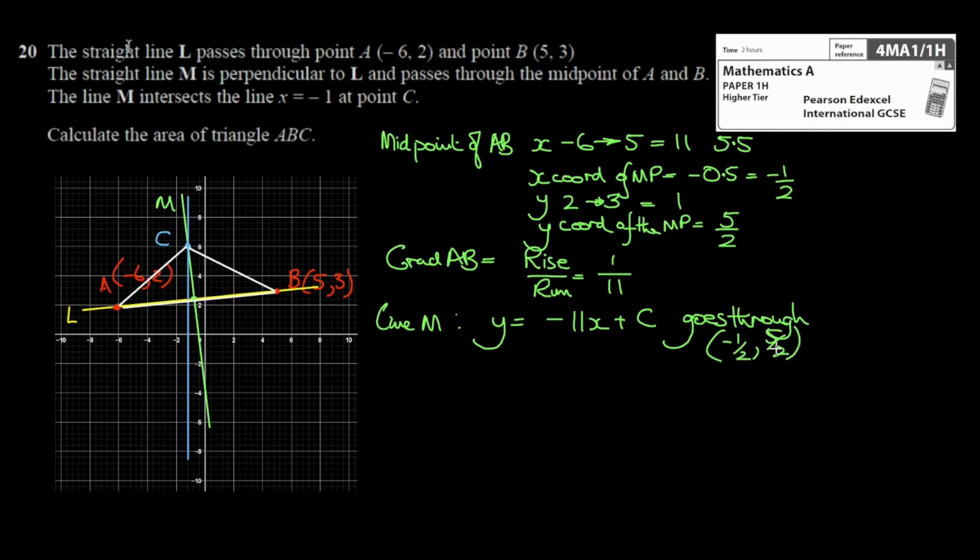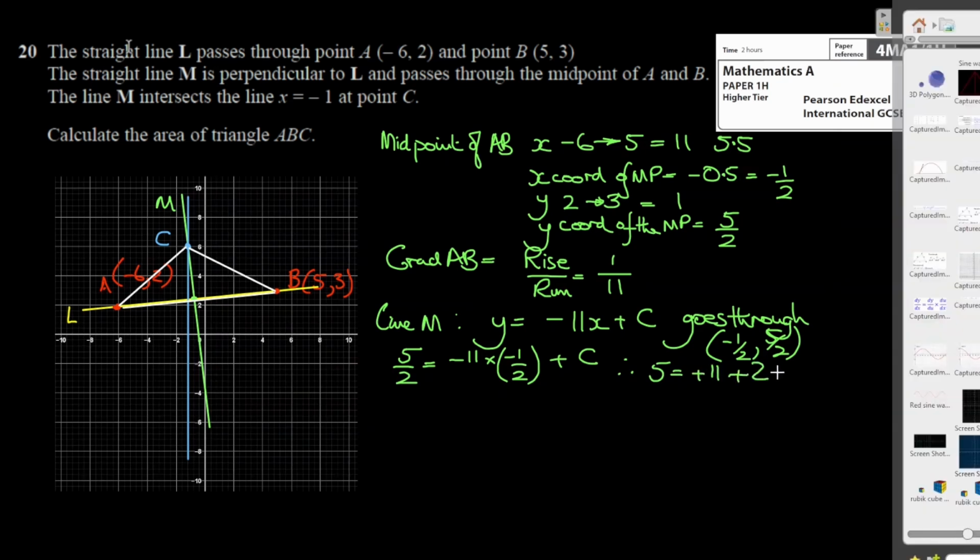But line M goes through the coordinate with x-coordinate -1/2 and y-coordinate 5/2. So if we put these values into our equation, we will get c. So we get 5/2 is equal to -11 multiplied by -1/2 plus c. Multiplying through by 2 and tidying up, we get 5 is equal to +11 plus 2c.